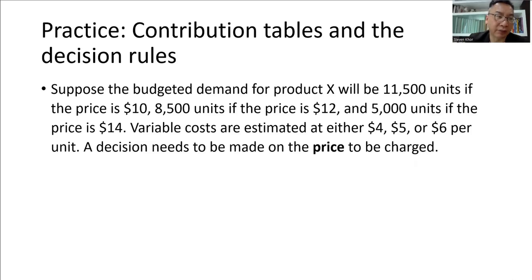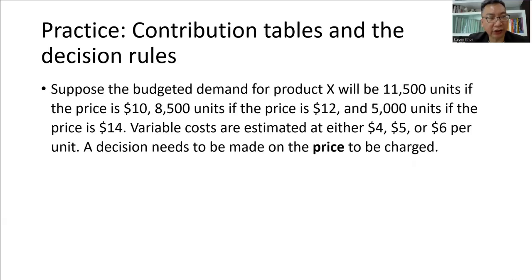So now you have been given 3 options. Are you going to set the price of product X at 10, 12, or 14? Choose one. Then you need to make a decision.